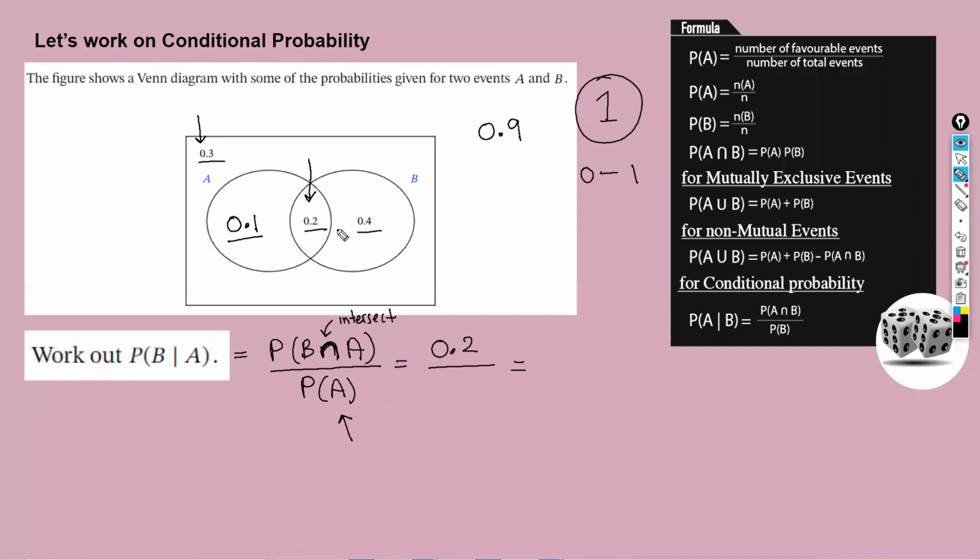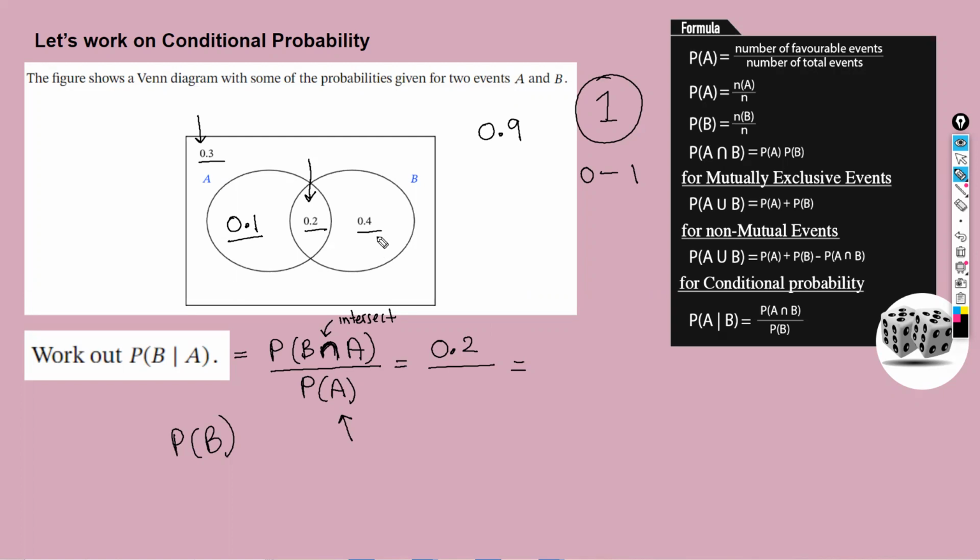The 0.1 plus the 0.2. If I ask you what's the probability of B, in a Venn diagram question, they are talking about the entire B circle, not this portion alone, right? I don't know if your teacher had mentioned that. Whenever you use the word A, it is the whole A circle. If I use the word B, it is the whole B circle.